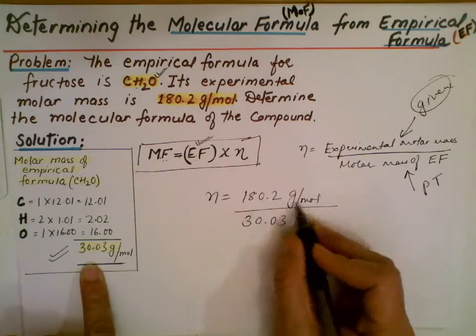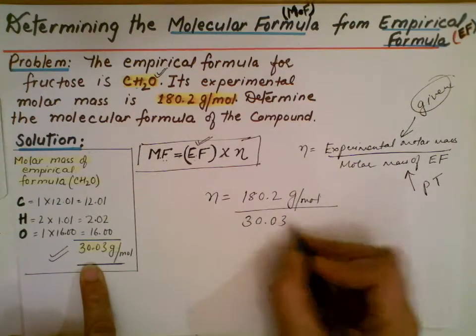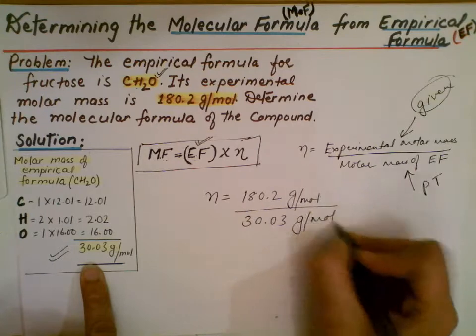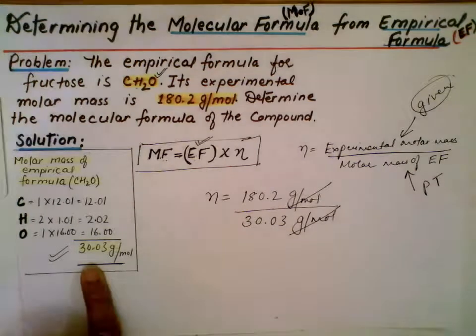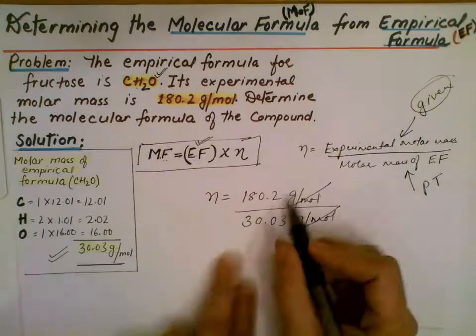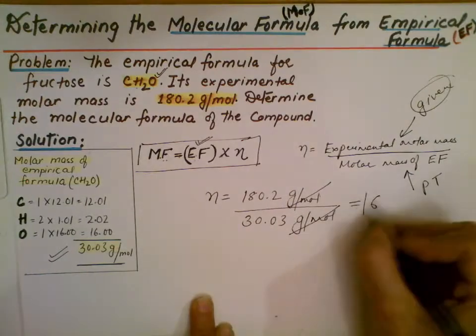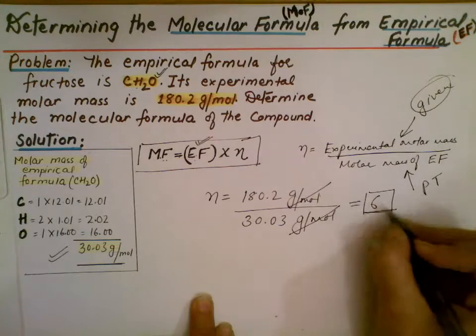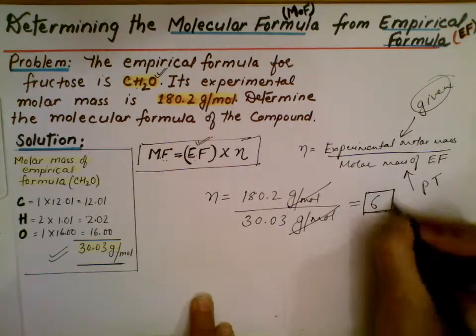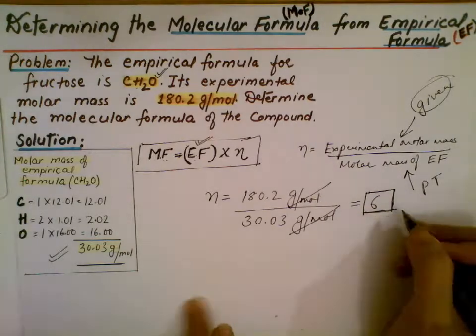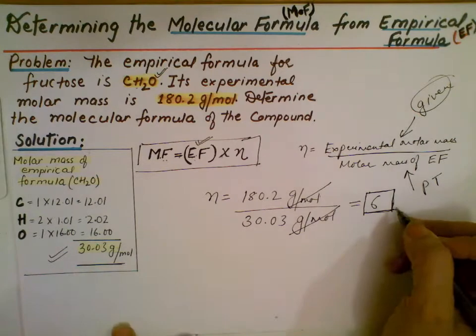So 180.2 divided by 30.03, and the same units in the numerator and denominator cross out. When you divide these numbers, you get 6. This number should always be a whole number, or very close to a whole number so that you can round it off.